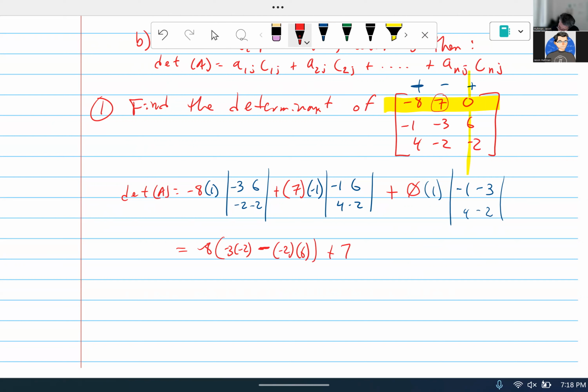Then -7. I would normally just put -7 right there initially and say it's the negative of whatever my second element is, but fine that we didn't do that this time. -7 times this determinant. So we're going to go -1 times -2.